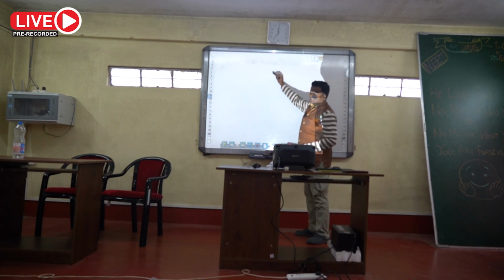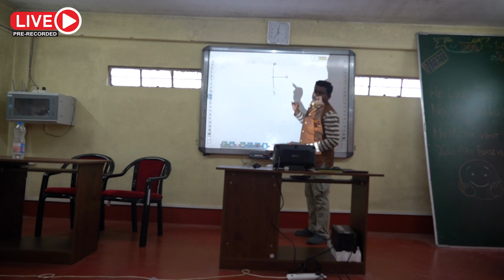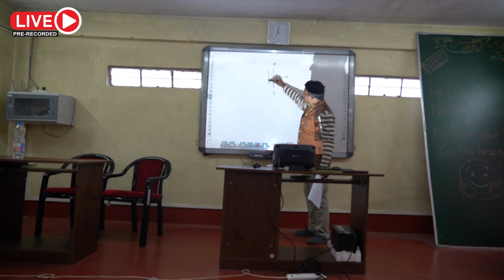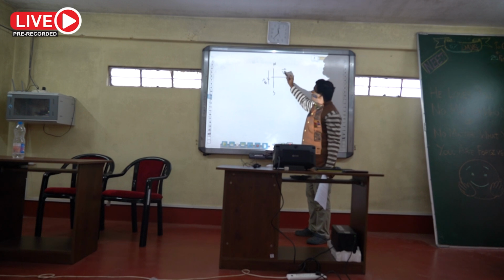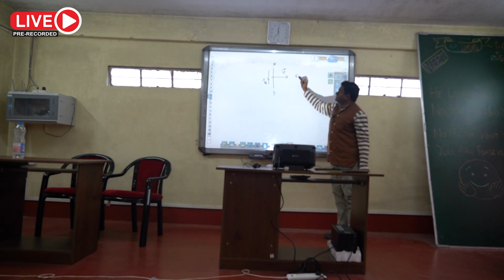So in this case, the rod is placed in north-south. Magnetic field is also directed in the north-south direction, and the rod is moving in this way. Magnetic field lines like this, B, and velocity of the rod in this direction towards east.